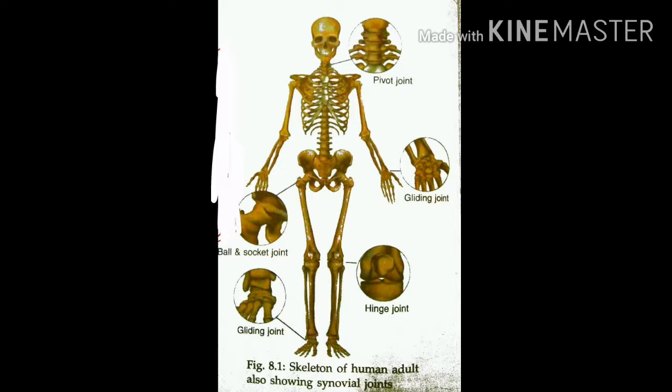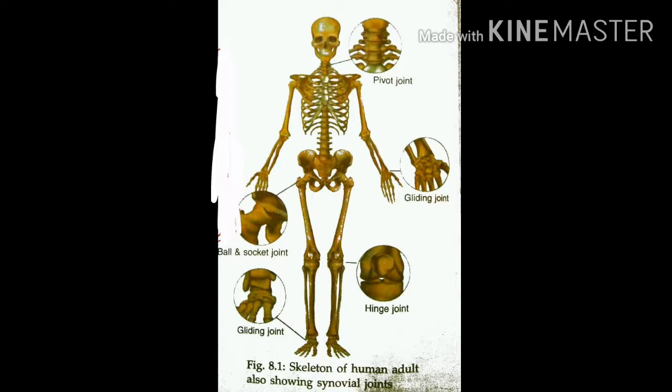We can move our body with the help of joints. Our body has more than 100 joints. They help in the movement of different parts of our body.